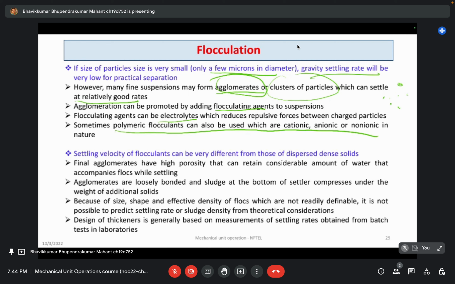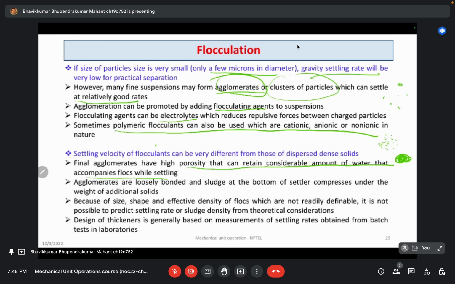Now, the settling velocity of flocculants can be very different from those of the dispersed dense solids. The final agglomerates have high porosity and can retain a considerable amount of water that accompanies the flocs while settling. Sometimes they are highly porous material, sometimes dense material.